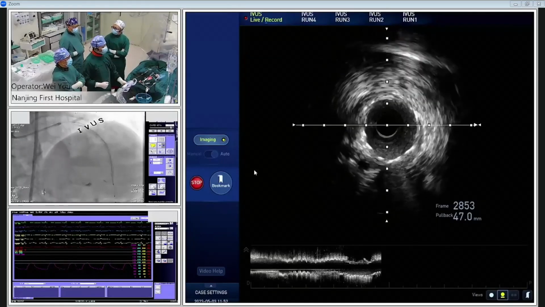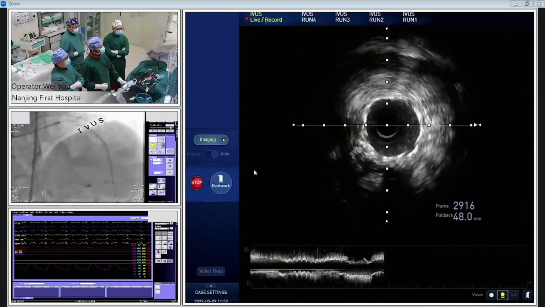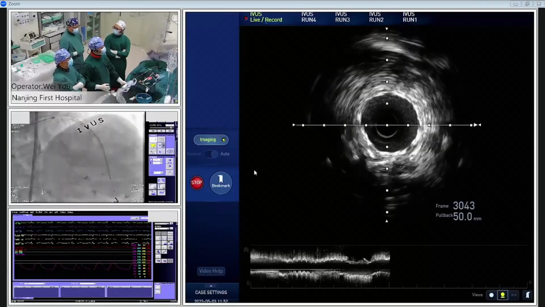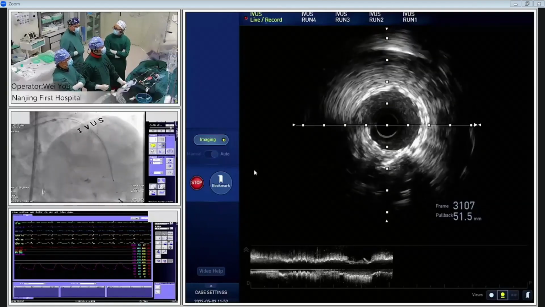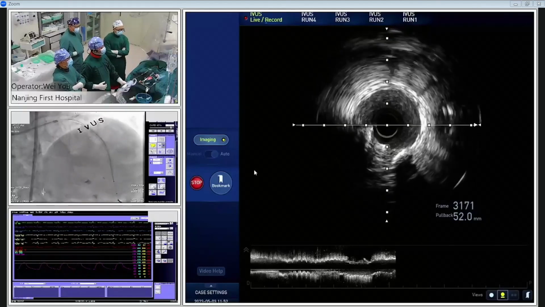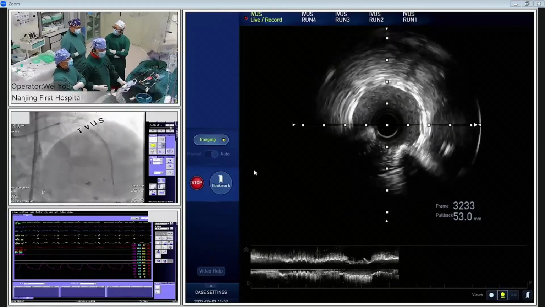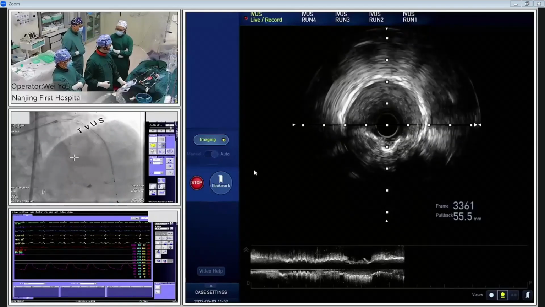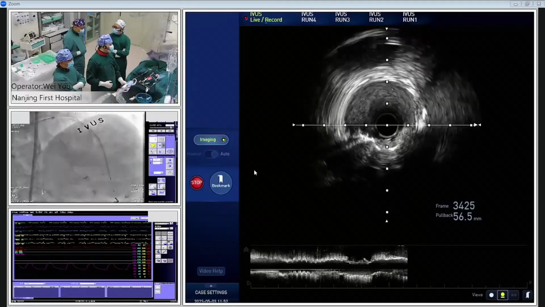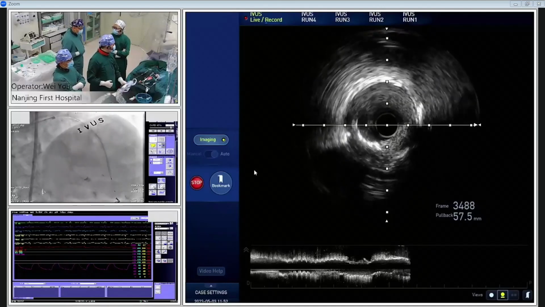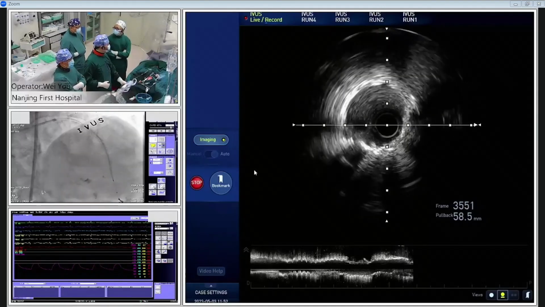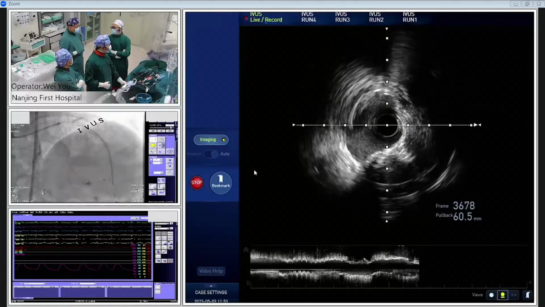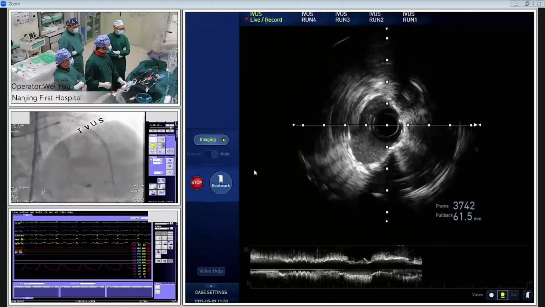After rotablation, if there is some crack, we can sequentially use a cutting balloon and do the post dilation. But even so, we still cannot get optimal lesion preparation. That's why in our ULTIMATE trial, only 6% of lesions and 51% of patients achieved the optimal IVUS-guided result, for severely calcified lesions.